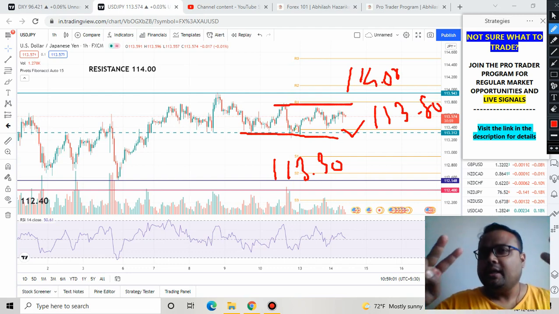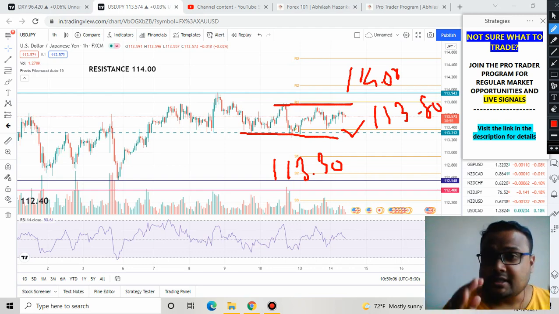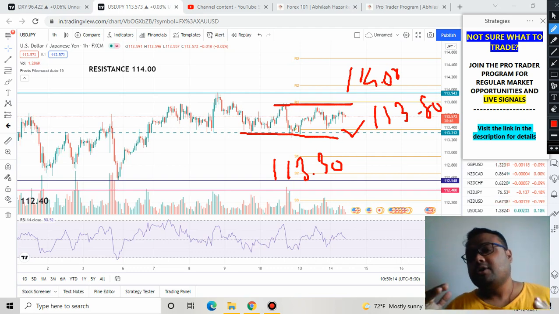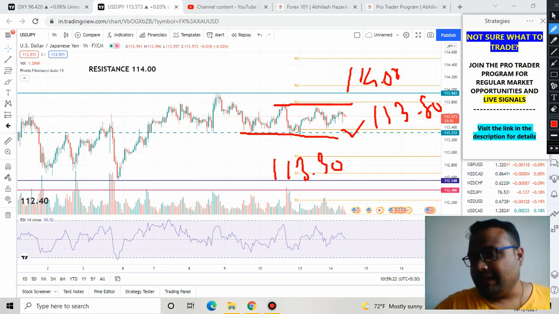These are the only opportunities that I see on the chart of USD JPY for today. In case it goes up and reverses from the 114 level, take a sell. If it comes down to the 112.50 to 112.40 level and bounces, you can take a buy. These are the levels that I see right now.